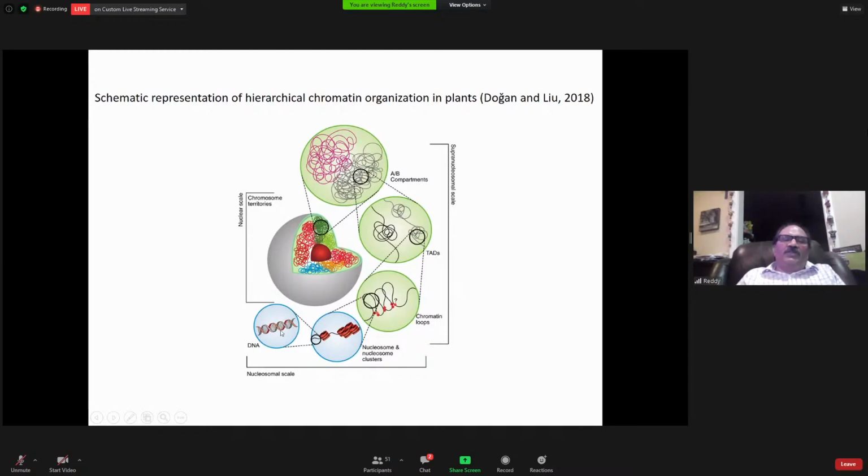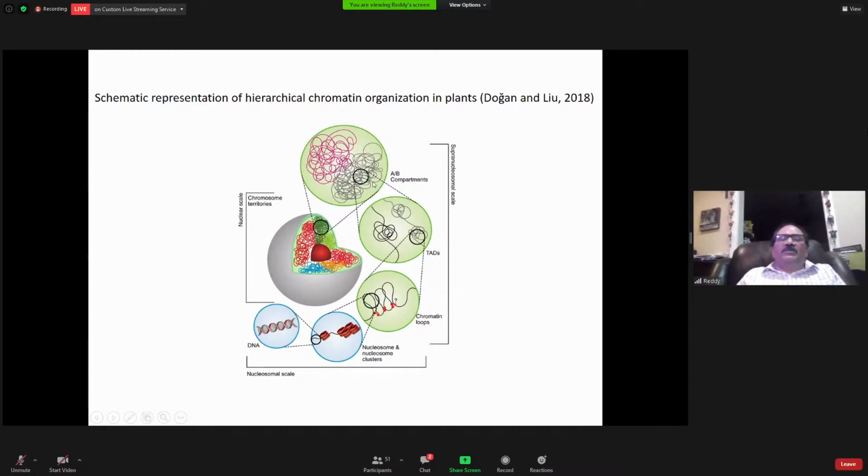So we discussed already how the DNA is wrapped around these histones or nucleosomes, and then it forms chromatin loops. These chromatin loops have topologically associated domains. These topologically associated domains have the regulatory elements, and they change.